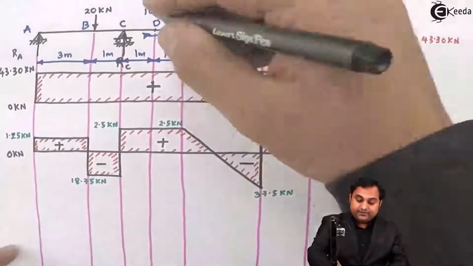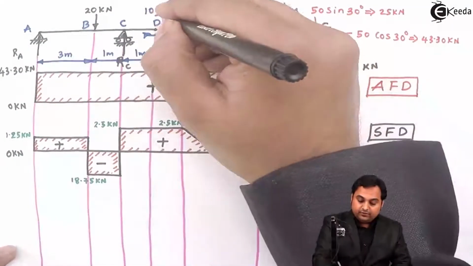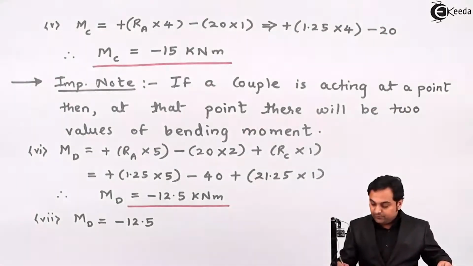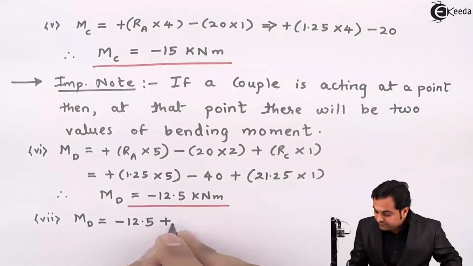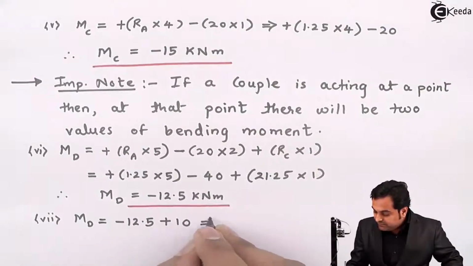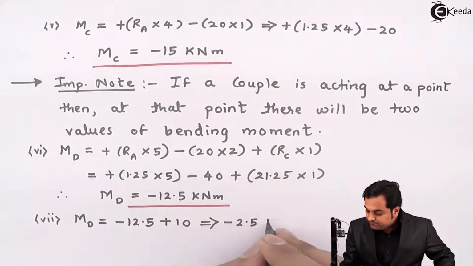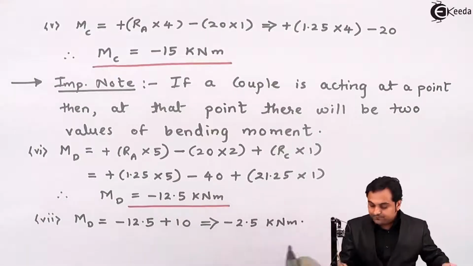And when I am taking the section on the right hand side of D, to the left there is a clockwise couple, so clockwise couple to the left is treated positive, and that will be plus 10. So the other value of moment at D will be minus 2.5 kilonewton meter.